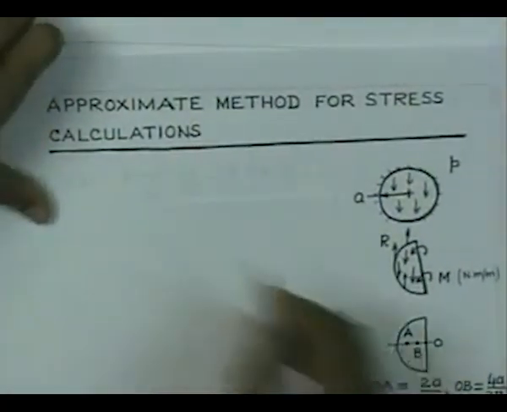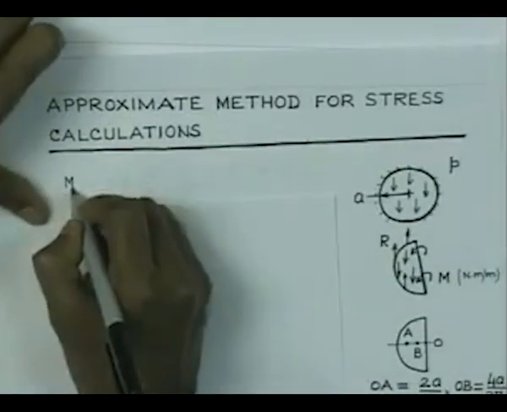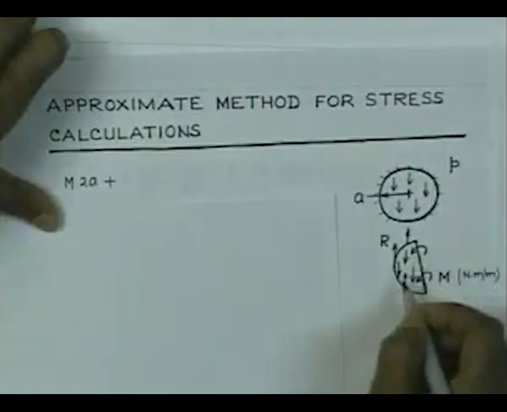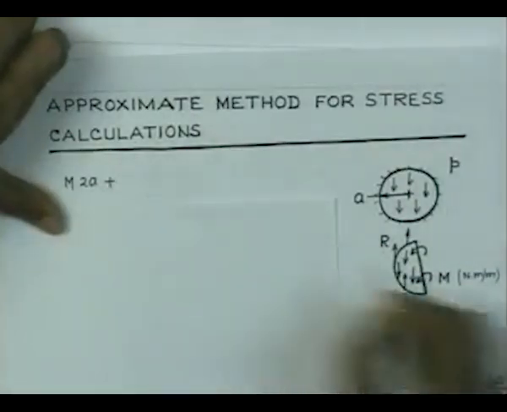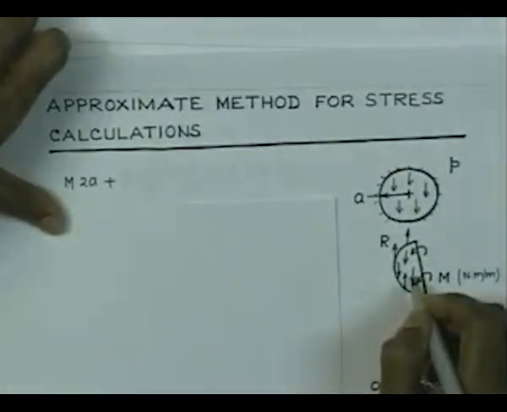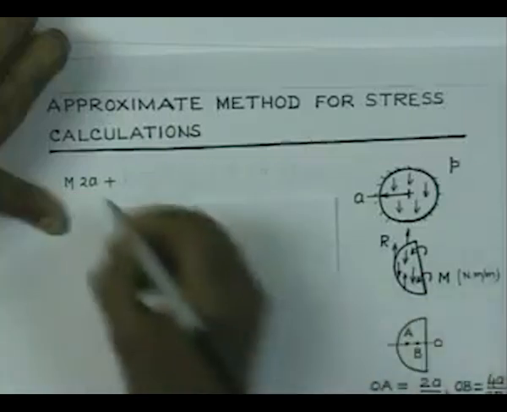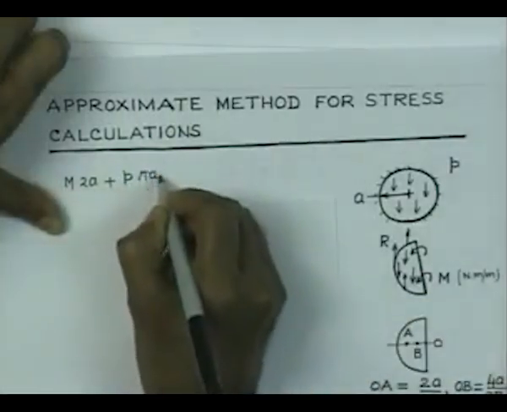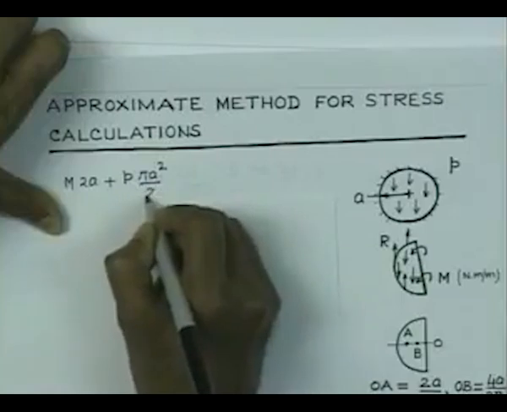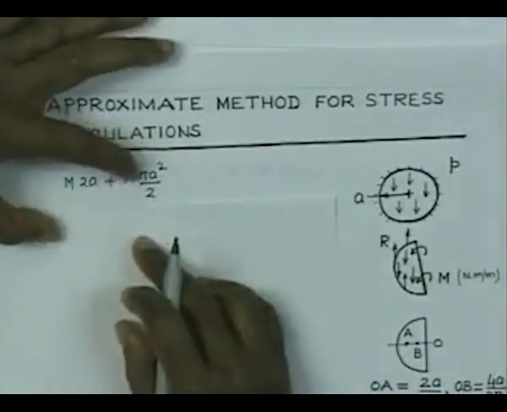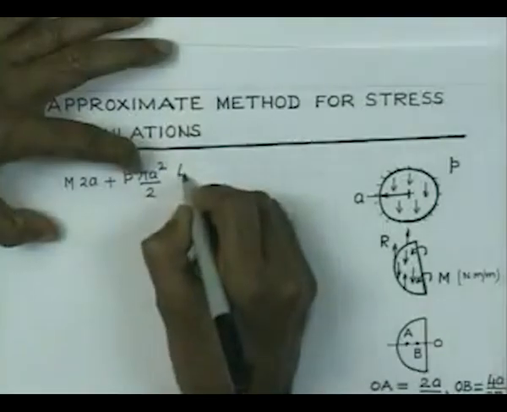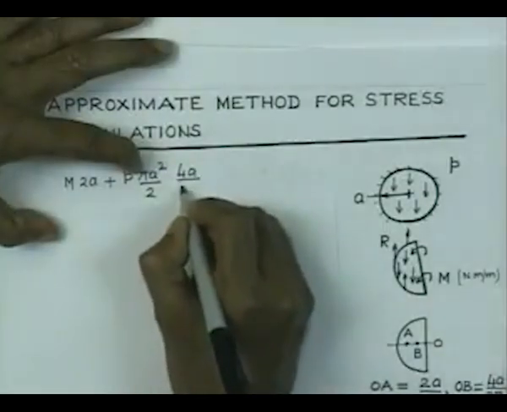So, we can write the moment equilibrium equation. What we have is m into 2a, the total moment in the anti-clockwise direction, and now this load P is also going to give anti-clockwise moment, and that is nothing but P into pi a square by 2, that is the total force acting downward, and its moment arm is 4a by 3 pi.